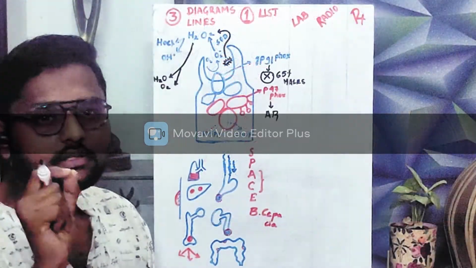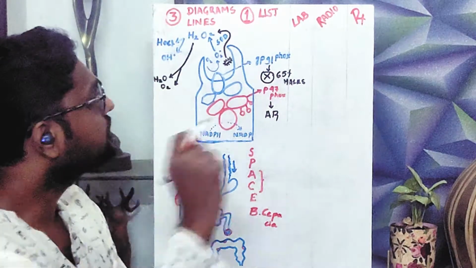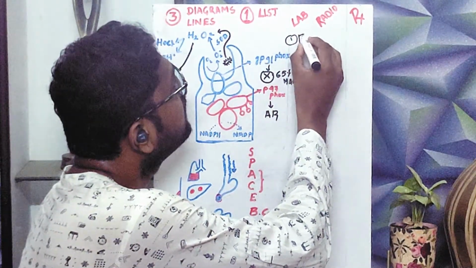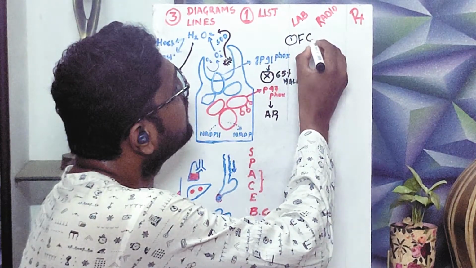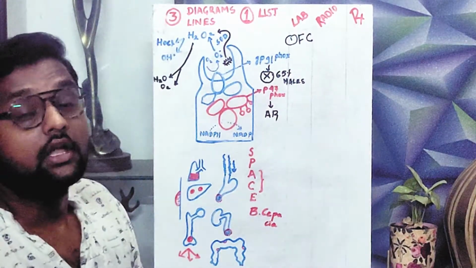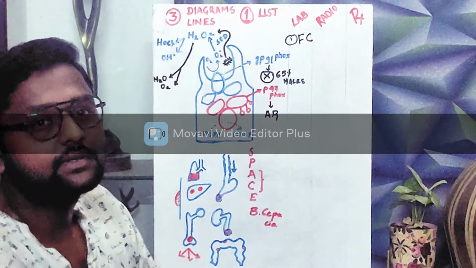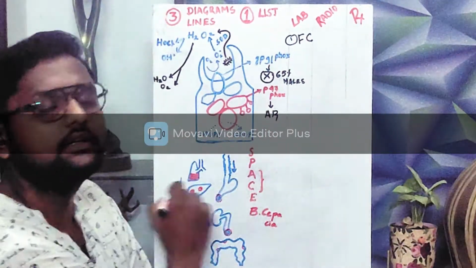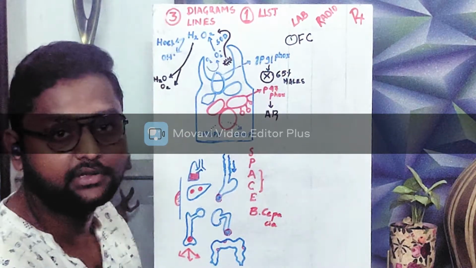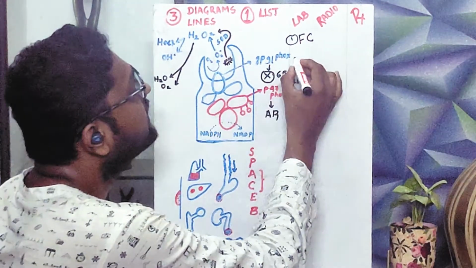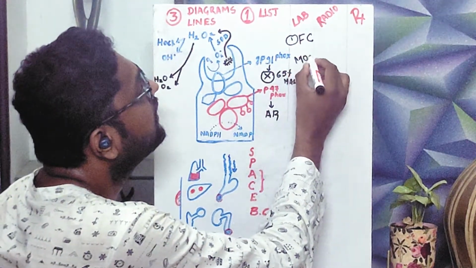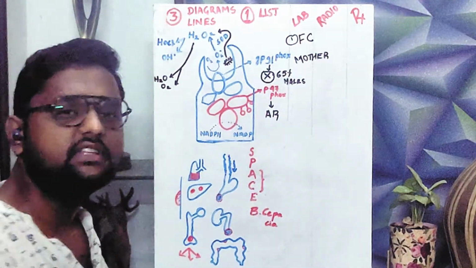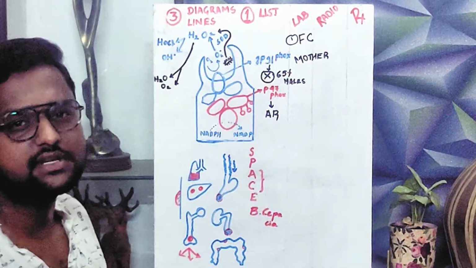Now the first line that I told you to remember is flow cytometry. Now that is the first investigation to be done. Now how do I derive something from the previous knowledge I have? Because it is X-linked and seen in males 65%, even the mother can be detected whether she is having carrier state or not.